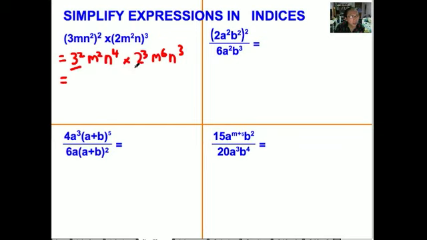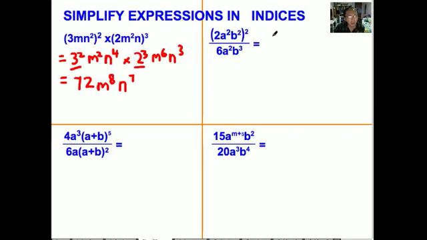This is 9 times 8, which is 72. And the common base, m squared times m to the power of 6, is m to the power of 8. The bases n to the power of 4 and n cubed give n to the power of 7.